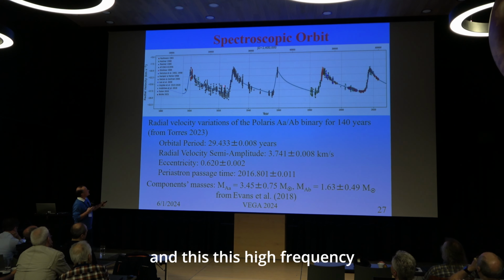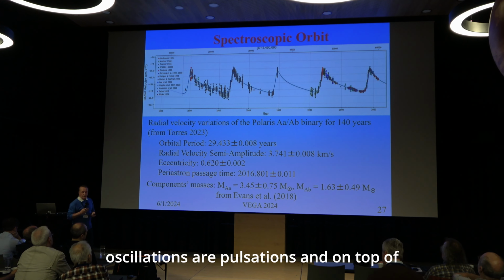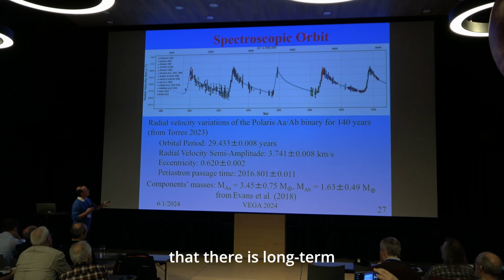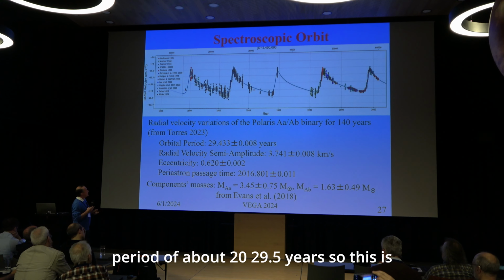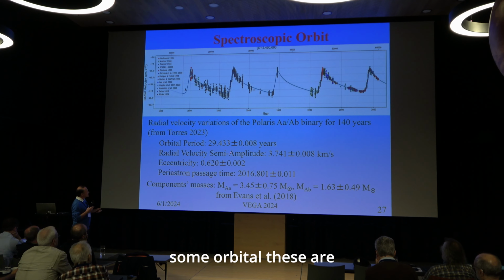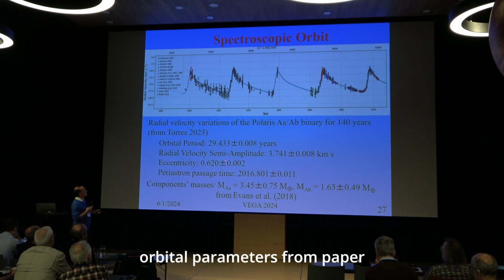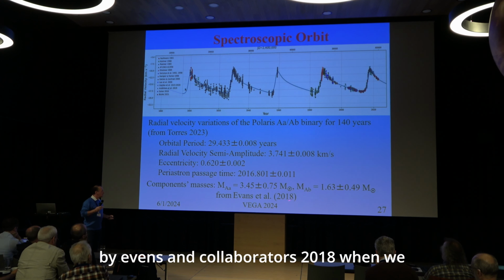And these high-frequency oscillations are pulsations, and on top of that, there is a long-term change due to the orbital period of about 29.5 years. So this is some orbital solution. These are orbital parameters from a paper by Evans and collaborators, 2018.